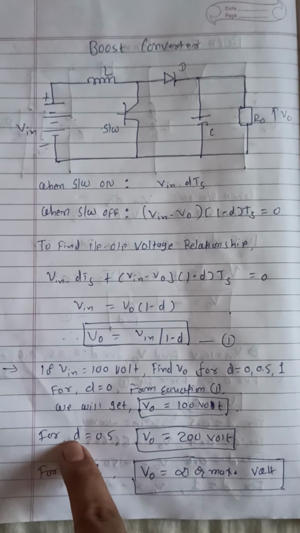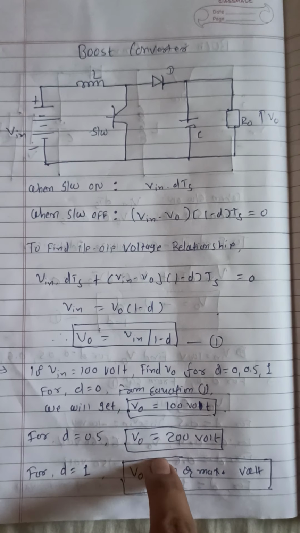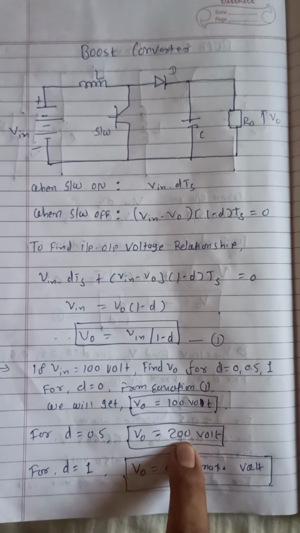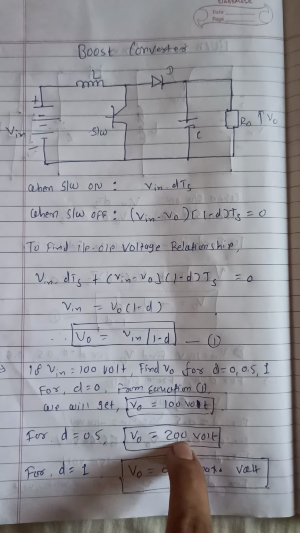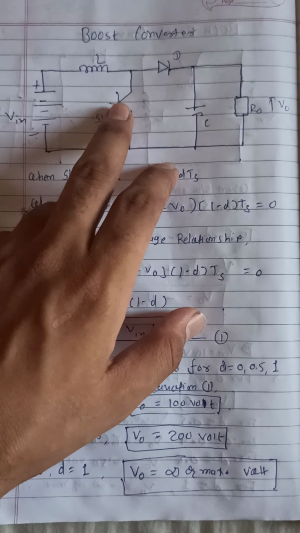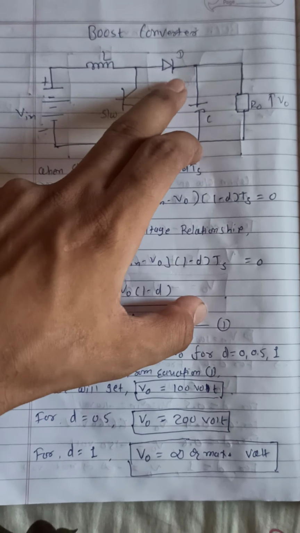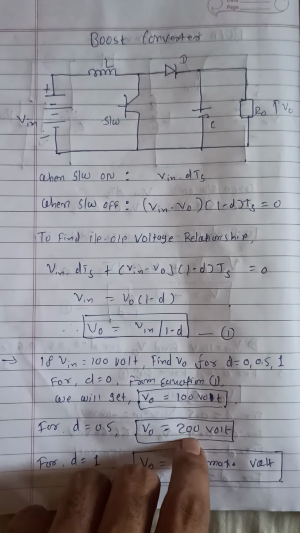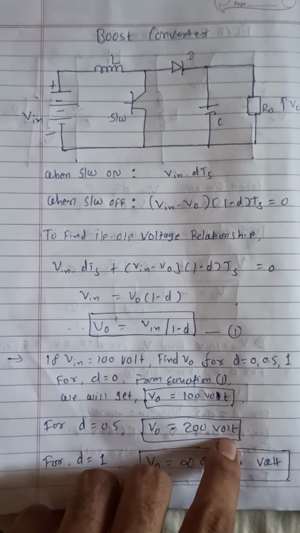See here, D is equal to 0.5, you are getting 200 volt, meaning higher output voltage, almost double voltage. Okay, if you take the ideal case and ignore the switching losses and other switch losses, then you will get almost double voltage, 200 volt.